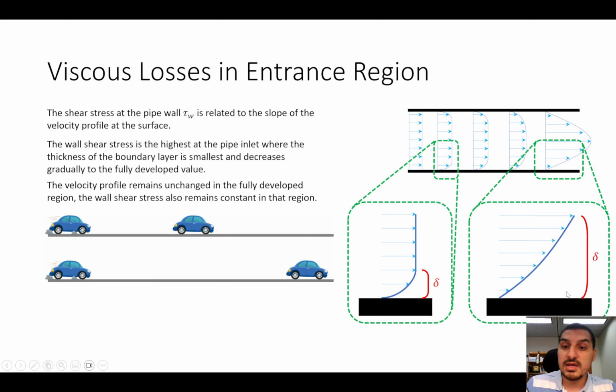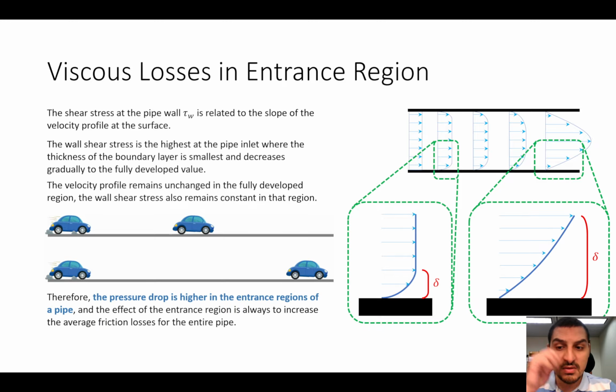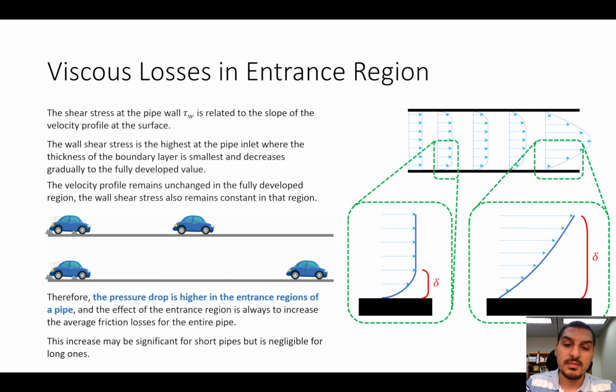So as the change in the velocity happens over a very small distance, it means that there are more energy losses and more pressure losses than in the case of losing the energy over a larger distance. So from this we can understand that the pressure drop is higher in the entrance region of the pipe than in the fully developed region, and that's why we are interested in studying this.